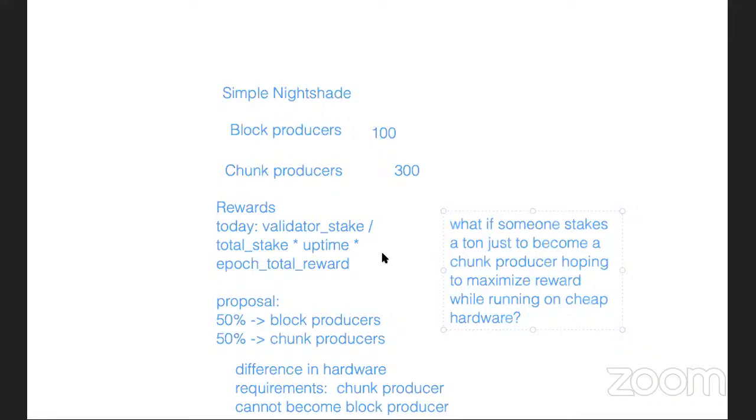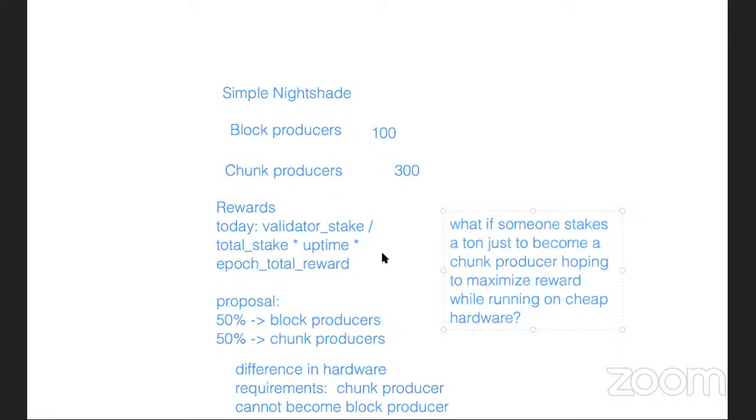And it could be less for chunk producers, and we can use this if there are too many chunk producers. For example, we may cap the total fraction of reward that goes to chunk producers. Say no more than 50% of all rewards go to chunk producers.